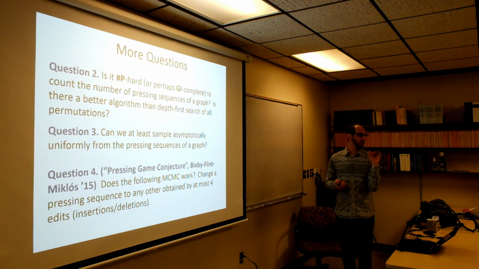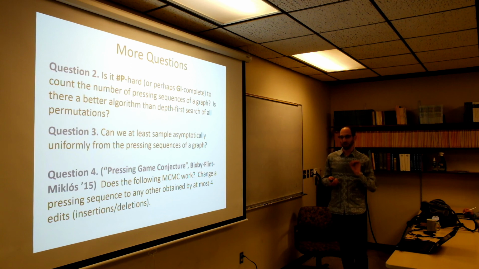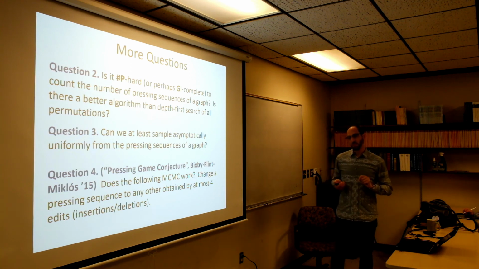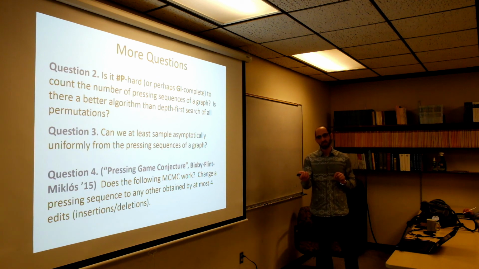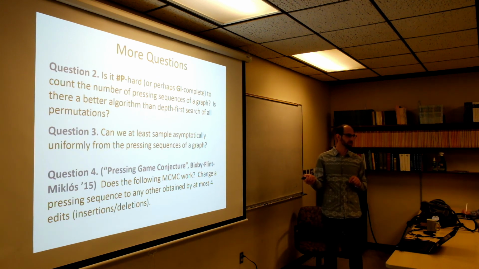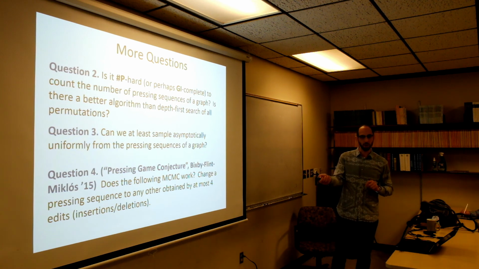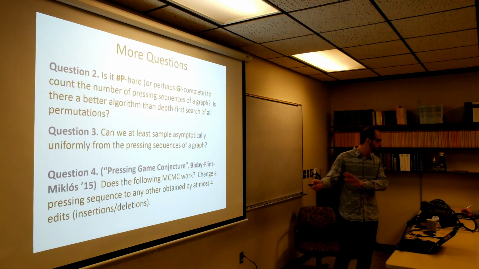I am almost certain, and I've argued at length with Miklos about this, that this is not even connected. You can't, there's going to be components in the graph that you're walking around on here. But let alone showing that it rapidly converges, that it's rapidly mixing.